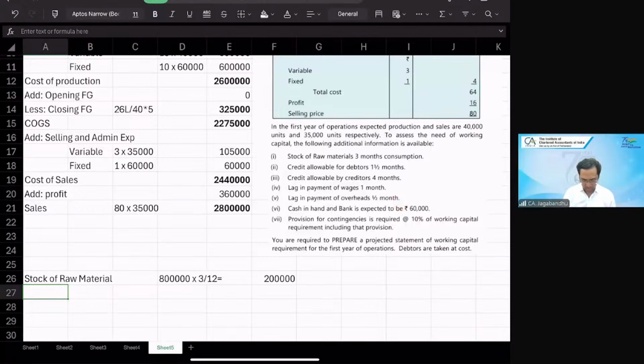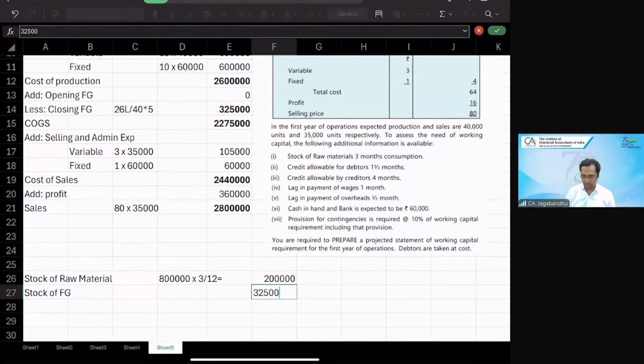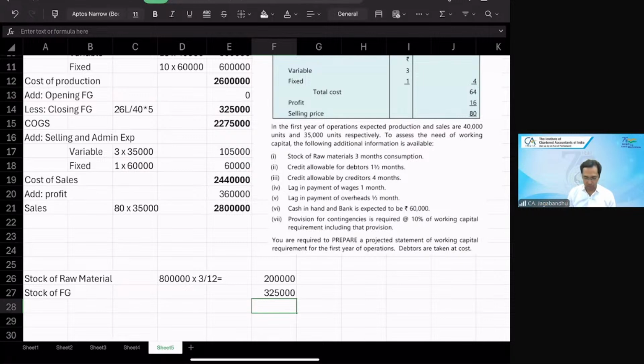But yes, we'll have the stock of finished goods. Stock of finished goods will be this figure, 3,25,000. Then we have the value of debtors. Credit allowable for debtors is 1.5 months.